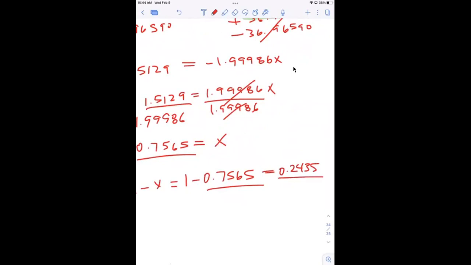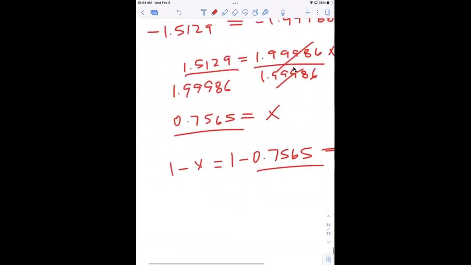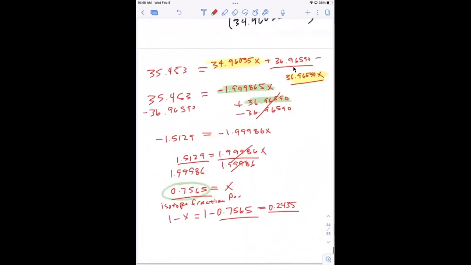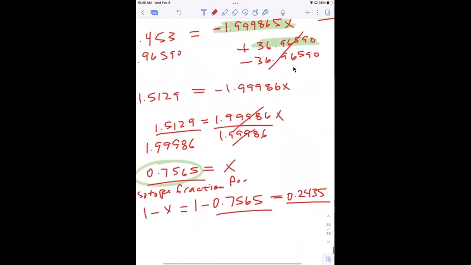Perfect. So now these are our isotopic fractions. So this is the isotope fraction for the chlorine 35.